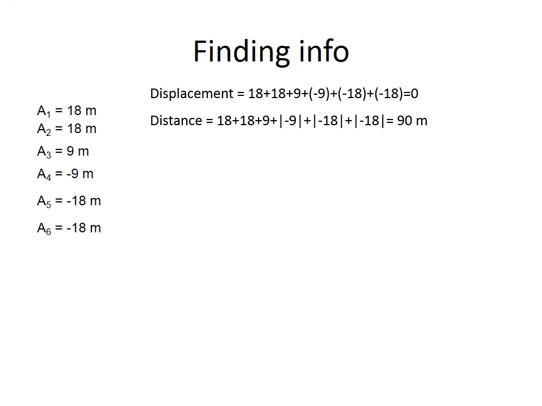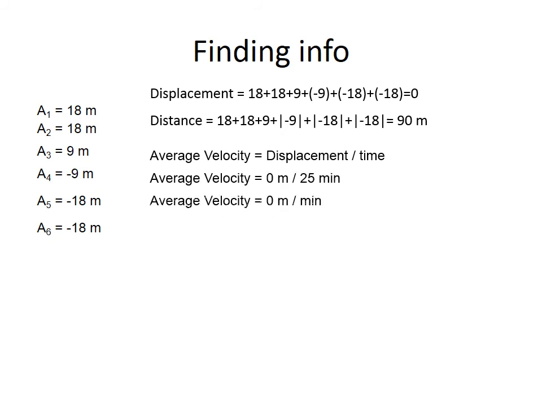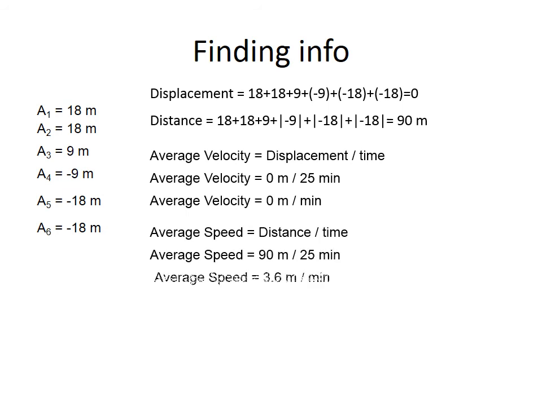If you add up the absolute values of all the areas, you get the distance: 90 meters. Average velocity is displacement divided by time, so your average velocity is 0 meters per minute. And average speed, being distance divided by time, is 90 over 25, or 3.6 meters per minute.